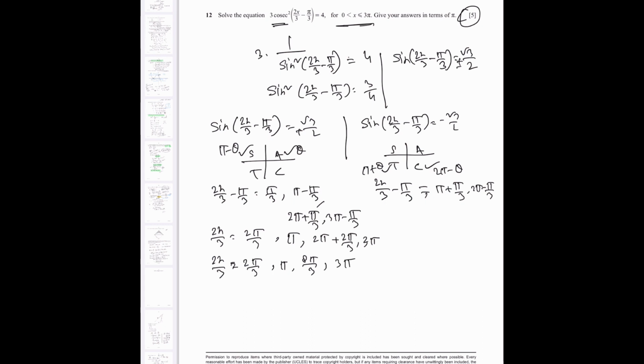Simplify now. X equals pi, 3 pi by 2, 4 pi out of range.